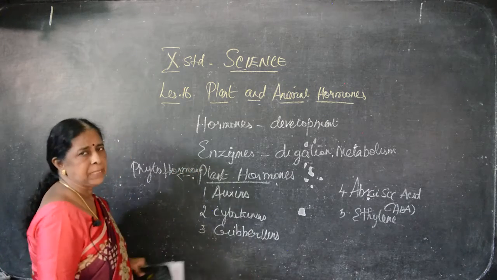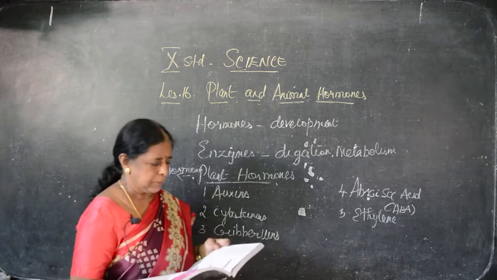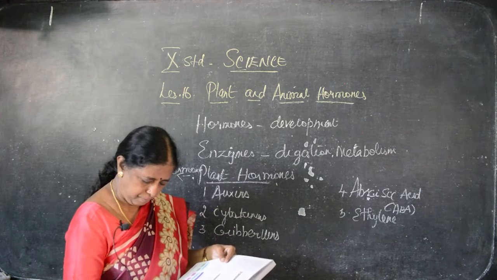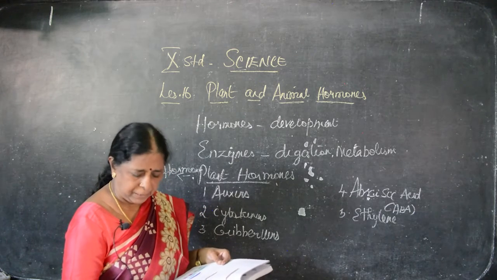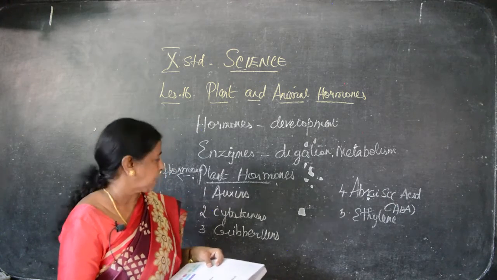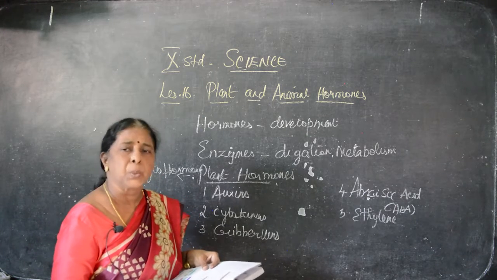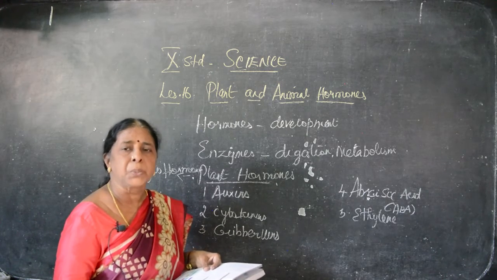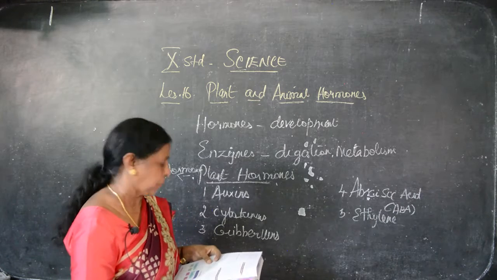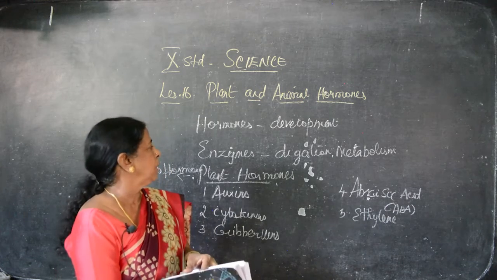So they are chemical substances. They help in physiological function. These hormones help in physiological function, that is the growth, from when the plants start to grow till the last. Okay. So what is a hormone?